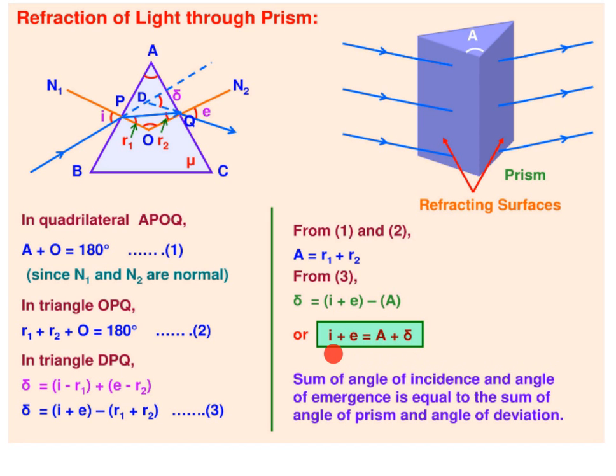I is the angle of incidence and E is the angle of emergence. So the sum of the angle of incidence and angle of emergence is equal to the sum of the angle of prism and angle of deviation.